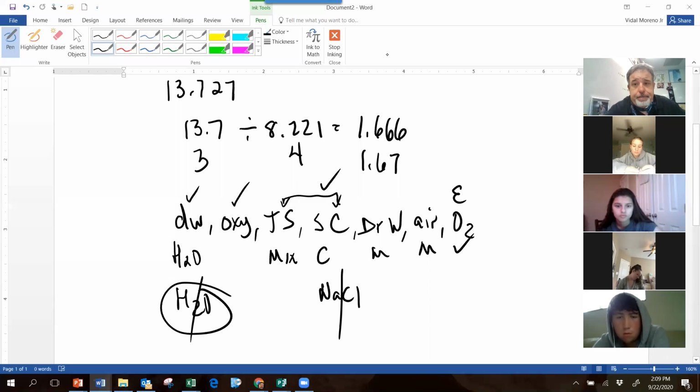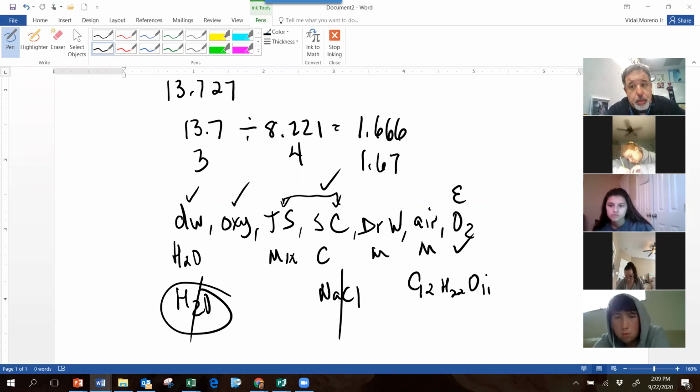So what would table sugar be then? Sugar, if you look up sugar on Wikipedia, you will see that it's C12H22O11, which means if they give you a formula, it is a compound, which means it's a pure substance. I can't give you a formula for air because the air is going to be different on Mars. It's going to be different on Earth.